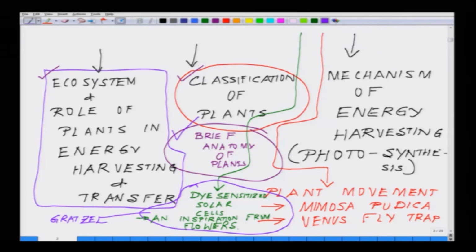So now, with this brief introduction about the plant systems and how they transfer electrons, I'll move on to the real process where the plants are harvesting the sunlight and ejecting electrons, and that will fall under photosynthesis. I will not come back to all these things any further.